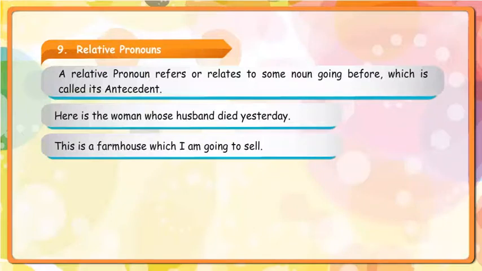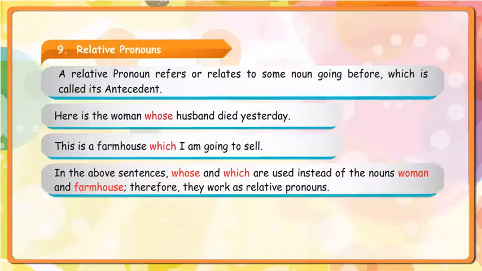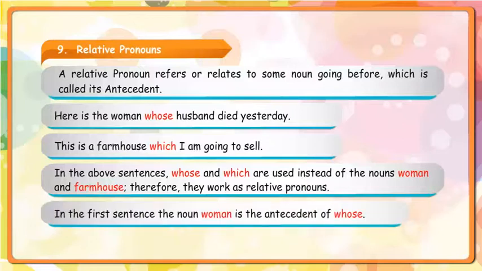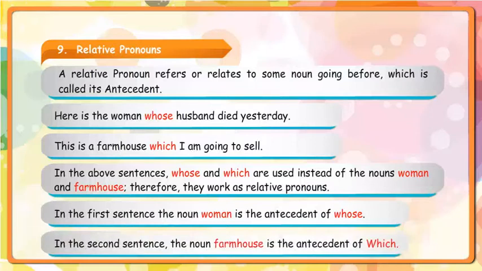This is a farmhouse which I am going to sell. In the above sentences, whose and which are used instead of the nouns woman and farmhouse. Therefore, they work as relative pronouns. In the first sentence, the noun woman is the antecedent of whose. In the second sentence, the noun farmhouse is the antecedent of which.